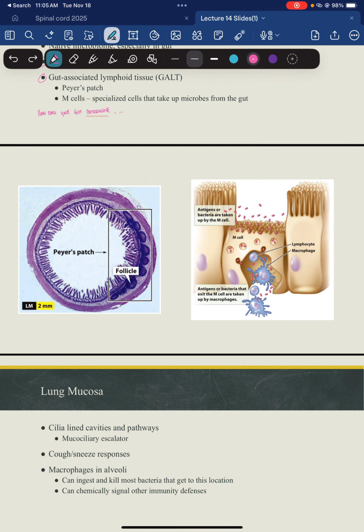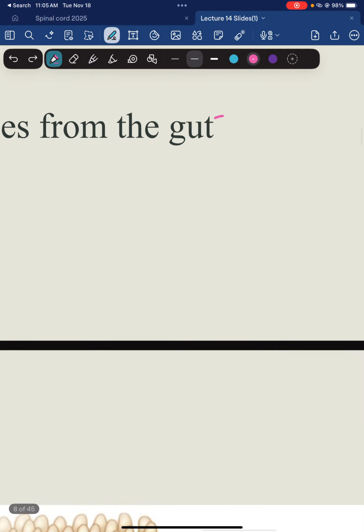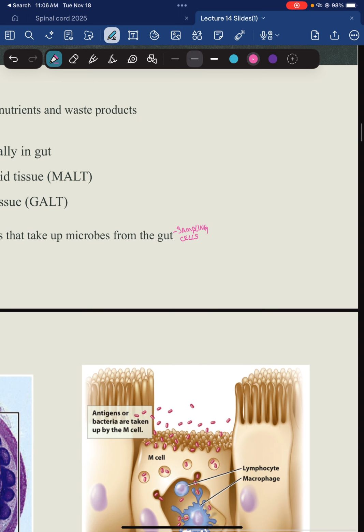So your microfold cells, your M cells, live inside of the epithelial layer, so it's just like the surrounding. And these are associated with lots of different white blood cells.